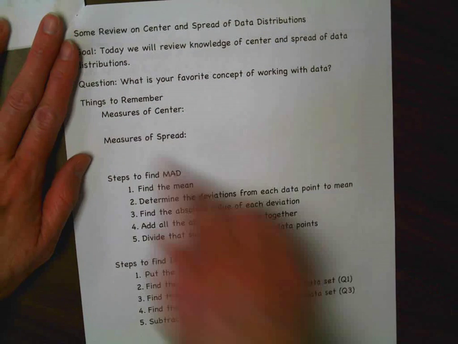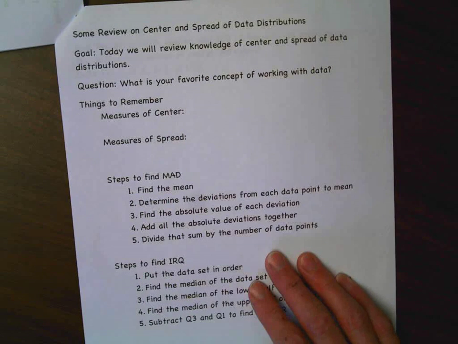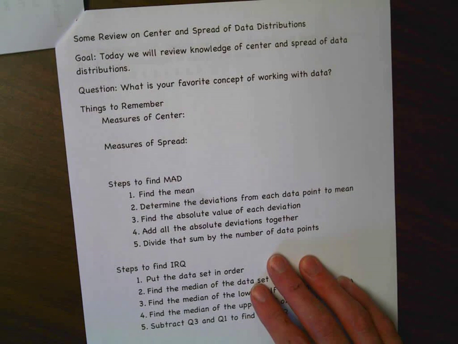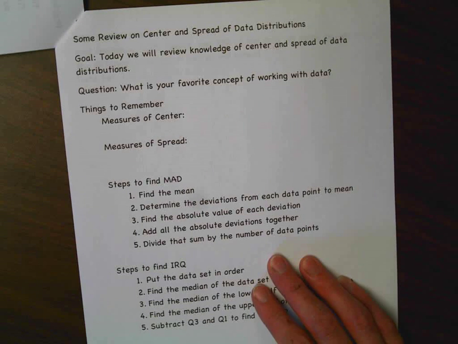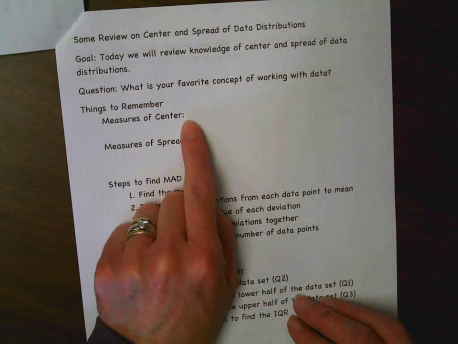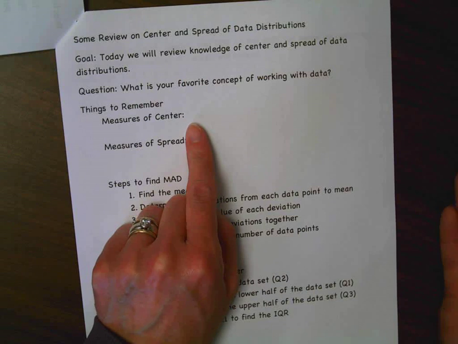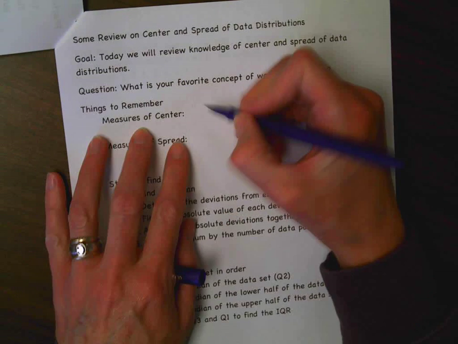So, things to remember. Measures of center. The thing that I want you to think about with measures of center is that they tell us what a data set represents. So thinking about measures of center could be the mean, right?